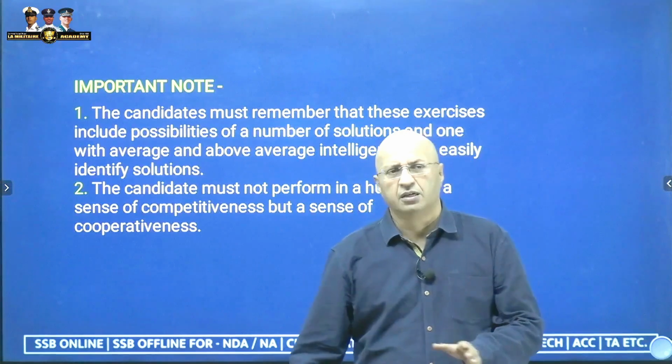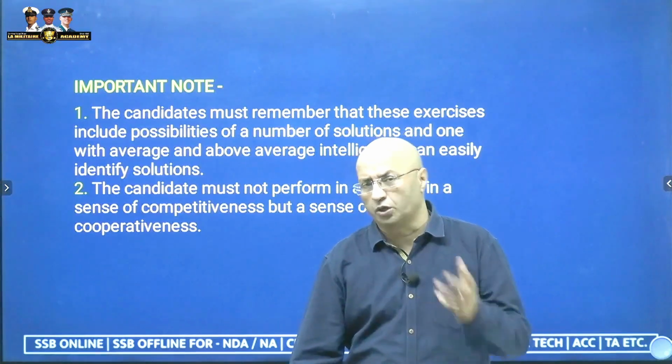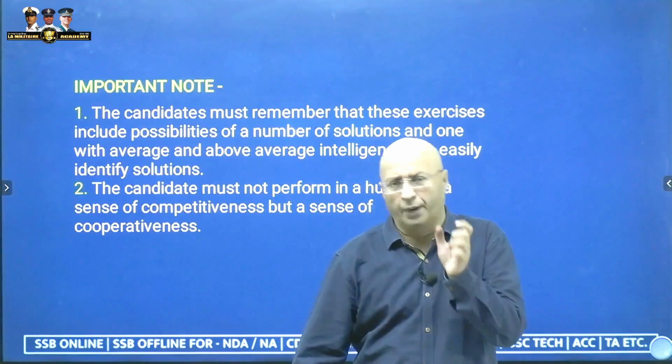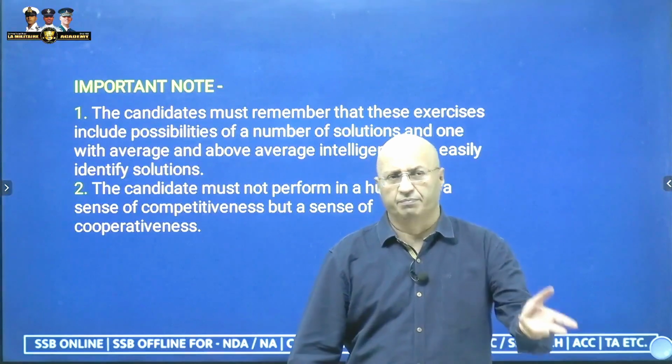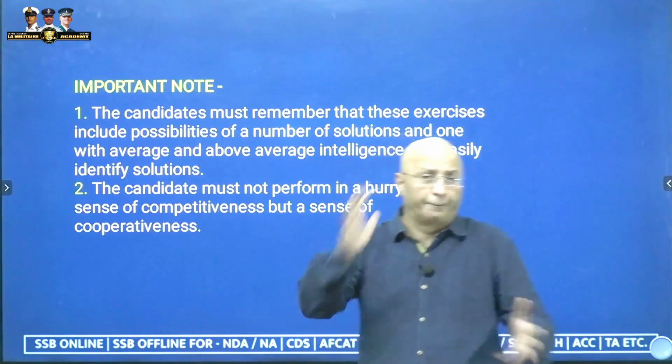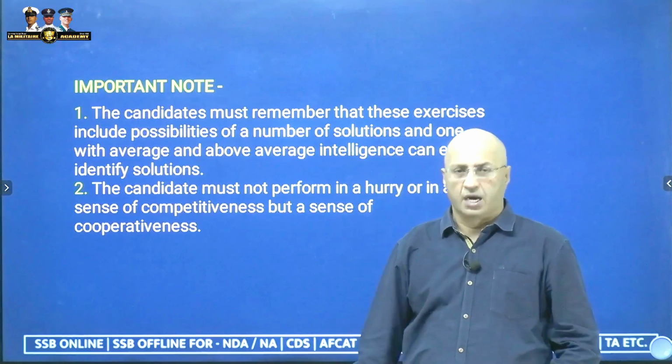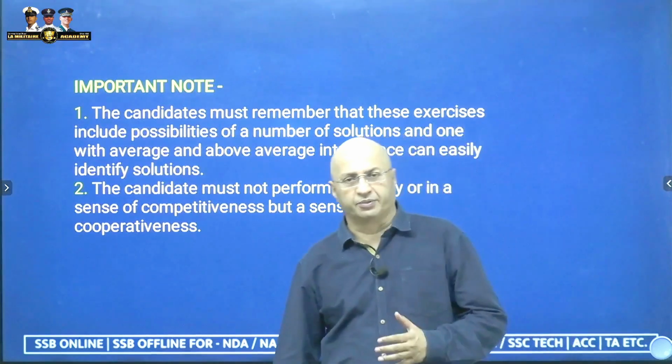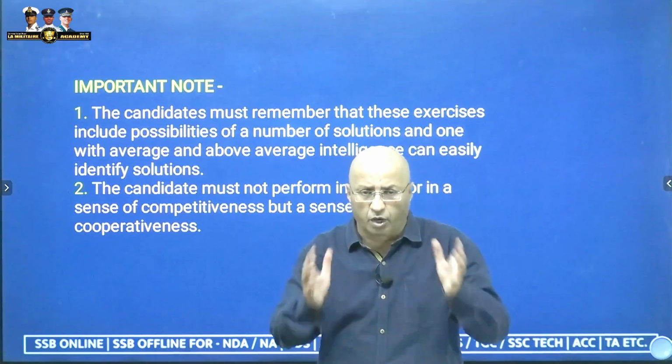Because I feel many of you who are coming from coached performance in a short period of 15 days, out of which maybe 7 days you did GTO or something, you tend to come out with a competitive approach. You feel like, okay, I'm not going to tell everybody that I've learned something. No, it is about cooperation.